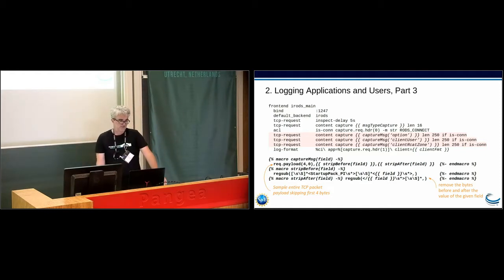So you see it's a request payload without the LV this time. This just says, ignoring the first 4 bytes, read to the end of the TCP packet. Then strip what's before the field of interest and strip what's after it, like what we did previously. And what's left should just be the value of the field.